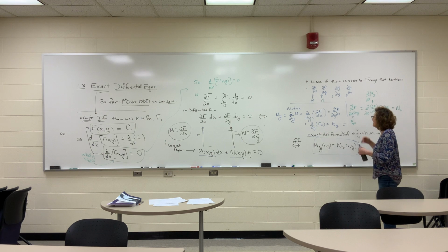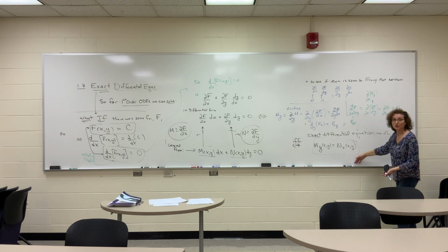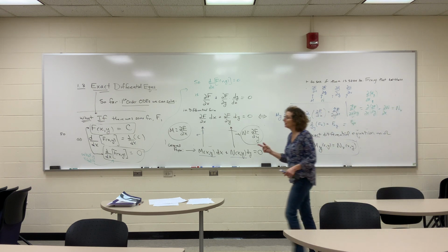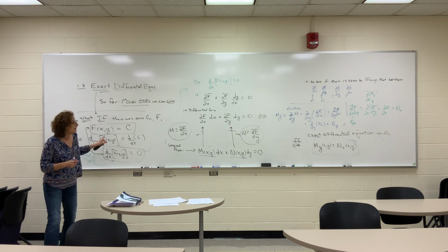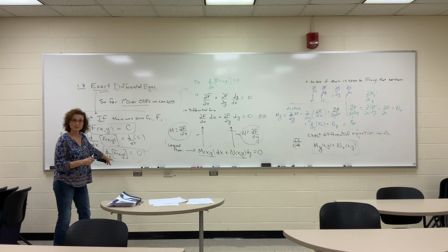And so that's our key to an exact differential equation, right? If the mixed partials of my function capital F are equal, then this guy is going to exist and solve this differential equation. And this equal to a constant is going to solve this differential equation.